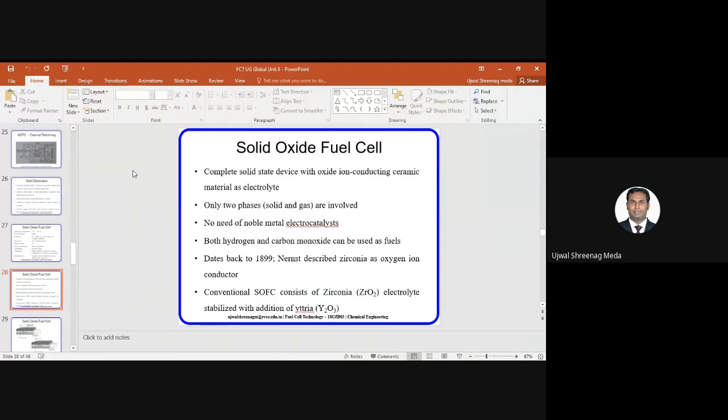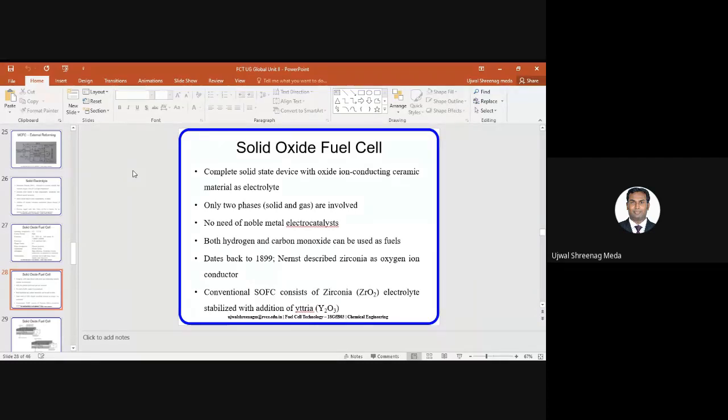But in case of SOFC, only two phases, solid and gas. Definitely, it is advantageous when it comes to handling. And because of high temperature operation, there is no need for noble metal catalysts. Similar to MCFC, hydrogen as well as carbon monoxide can be used as fuel.